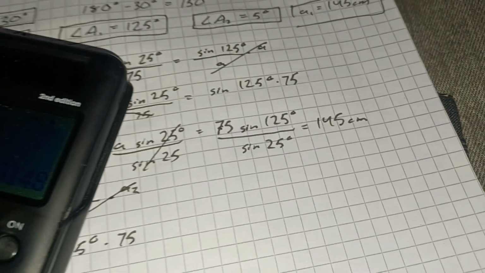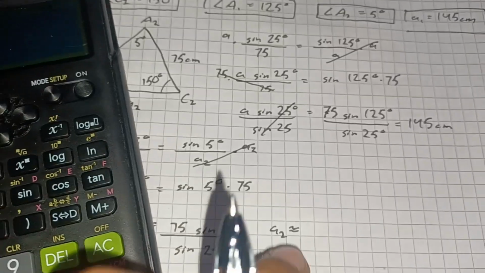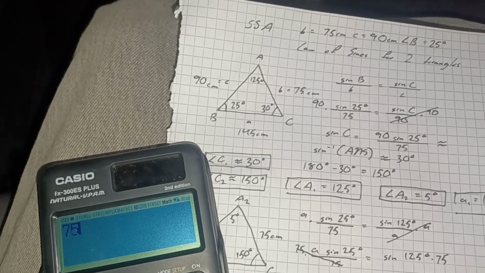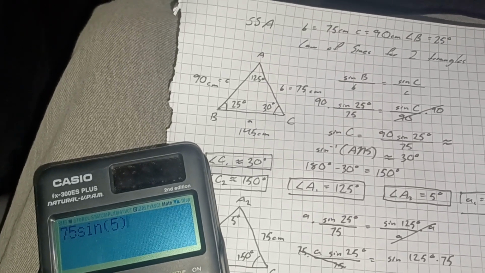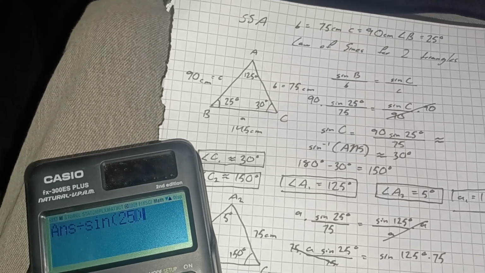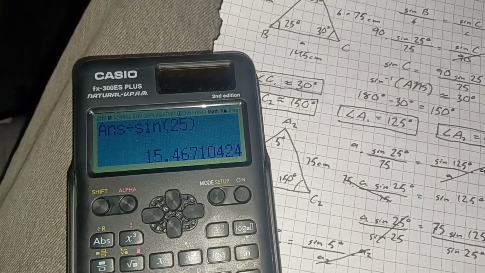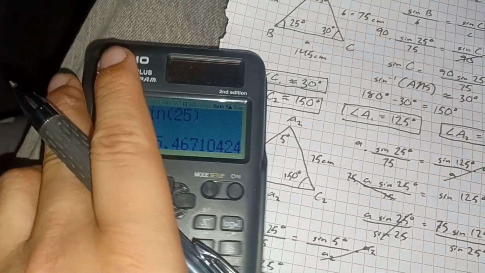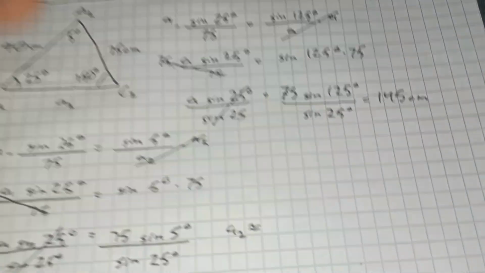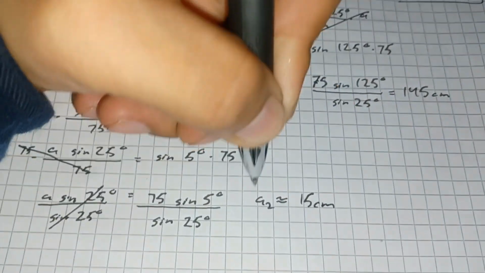Remember, the calculator is just an approximation, that's why we put the little squiggly lines. So we have 75 times sine of 5 degrees, divided by the sine of 25 degrees, and that gives us 15.4. Let's keep it at whole numbers for the sake of this example. So it's 15 centimeters. Little a sub 2 is equal to 15 centimeters.